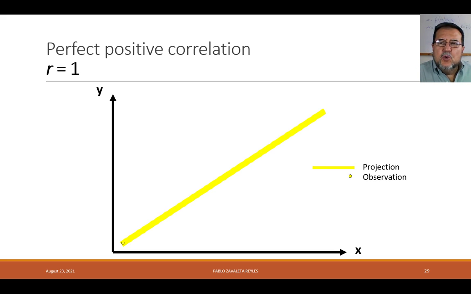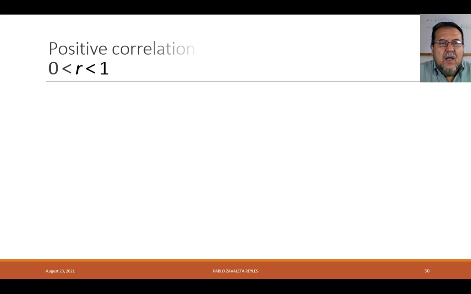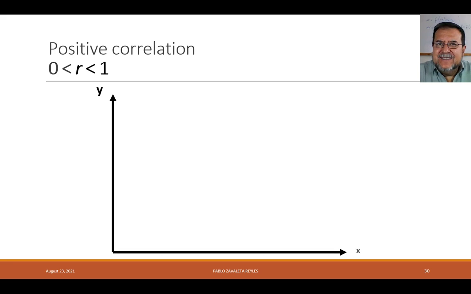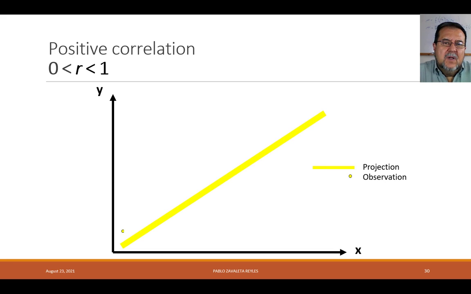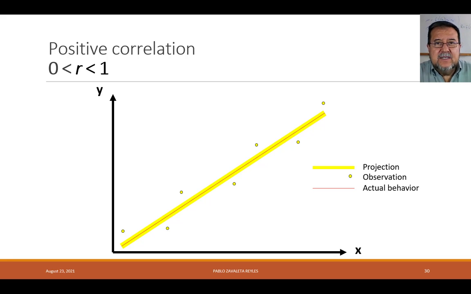In graphical terms, when R is equal to 1, all our observations will be exactly on top of our projection. When R is between 0 and 1, our observations will be close to our projected behavior, but not exactly. That's why it's less than 1.